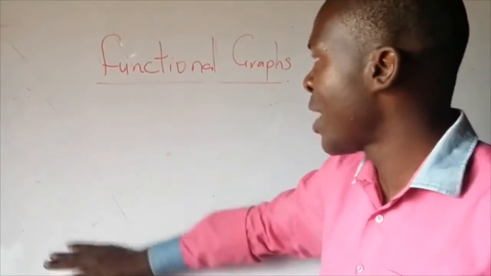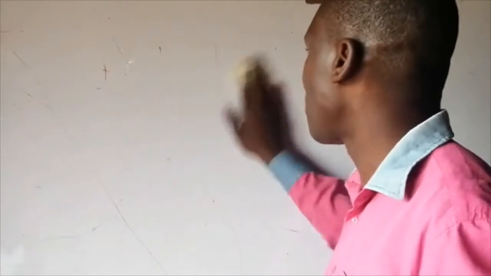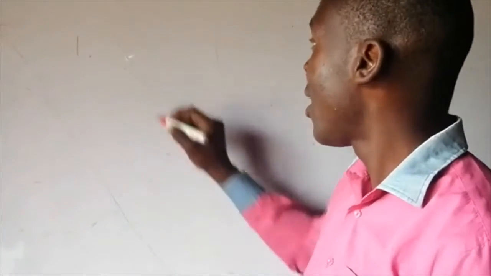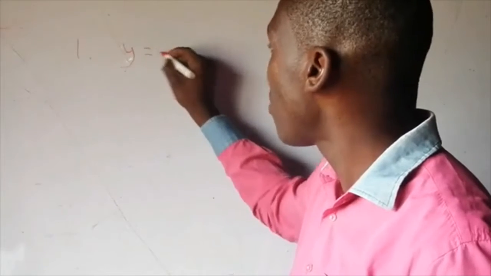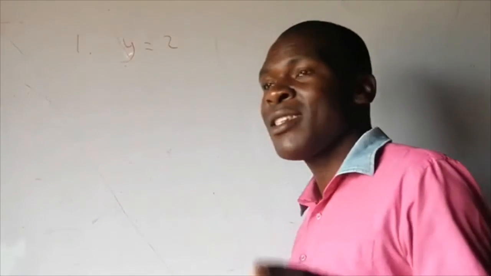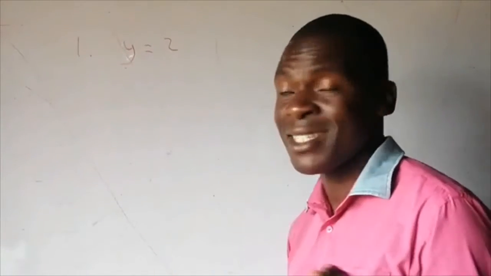Now let us move on to linear functions, which are straight line graphs. There are simple linear functions. For instance, number one, if we are asked to draw the function y is equal to 2, y is equal to 2 is a horizontal line which crosses the y-axis at 2.